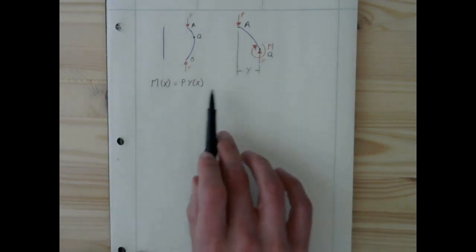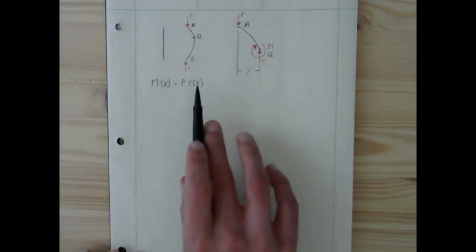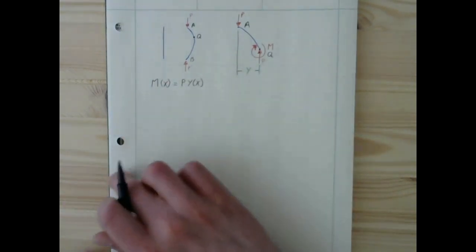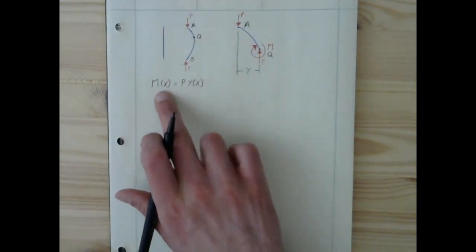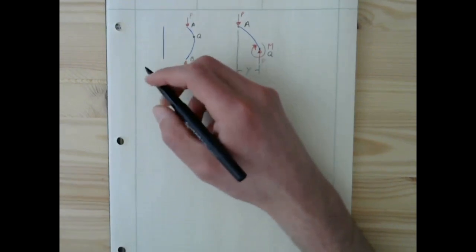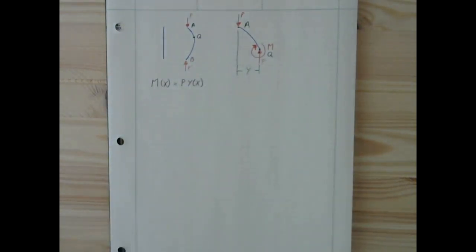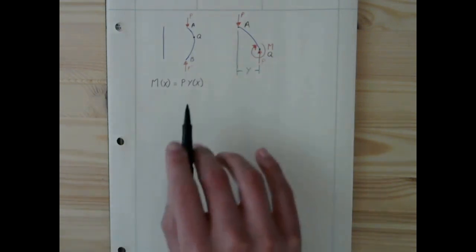We also know that the deflection y is a function of the moment, right? The moment diagram, the moment function, we're going to integrate that to get our rotation, then we'll integrate that again to get our deflection.